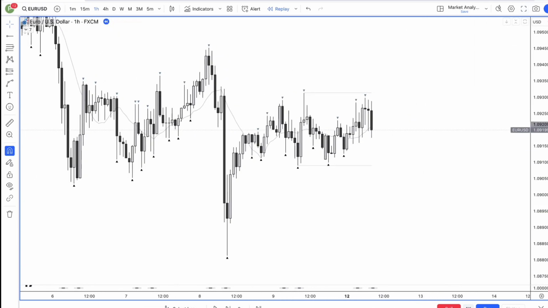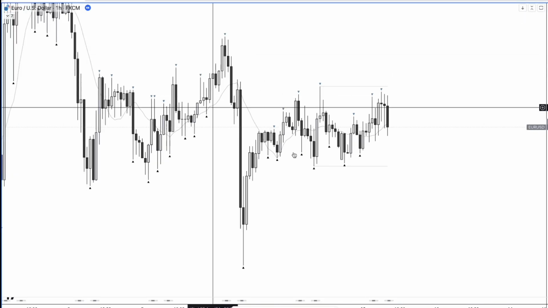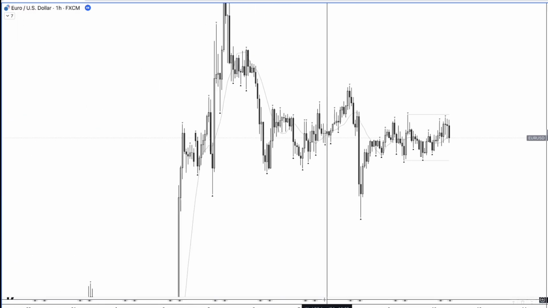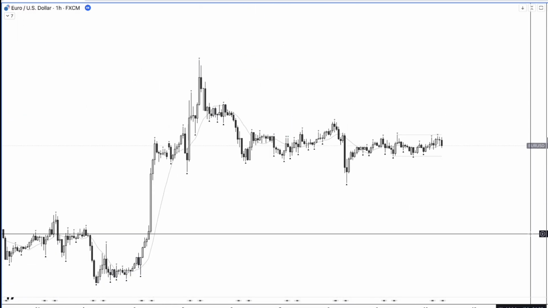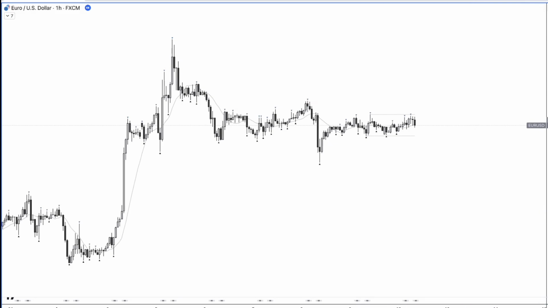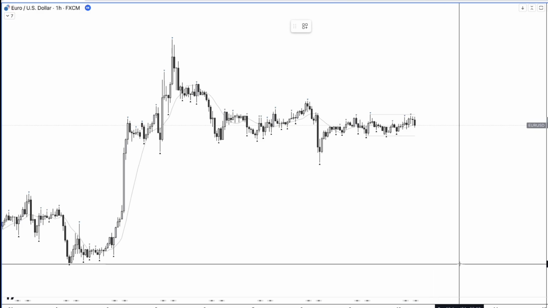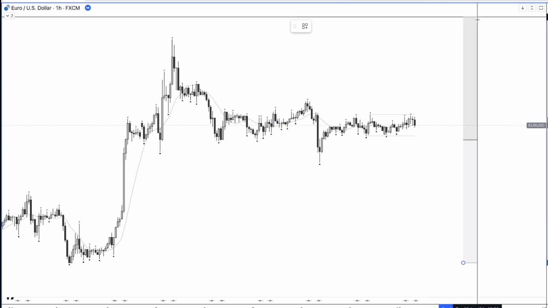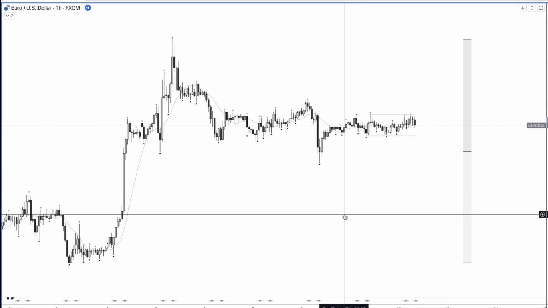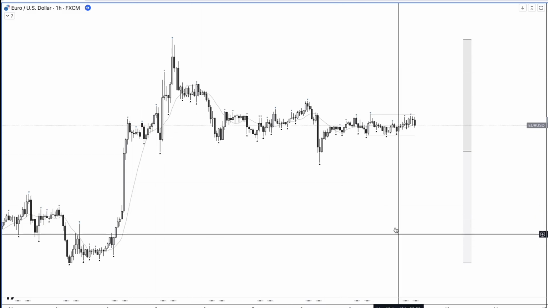And I think that's the most important part, right? It's really key to understand where you are in terms of the higher time frame and where price is going, and not get too caught up on the lower time frame, and just understand exactly where we are, where price could potentially be moving to and from. So I think this is quite an interesting one, right?